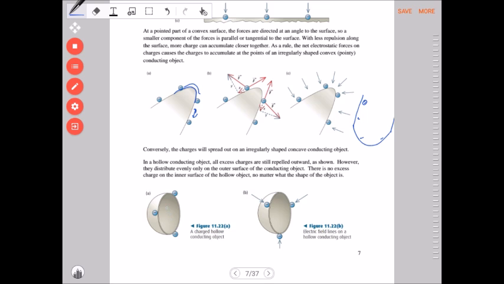So there's never any charge in the hollow part or on the inner surfaces. I guess that makes sense, because if the electrons are repelling each other, they are going to repel each other to the outside edges. Because if you put them on the inside edges, then they'll still push each other further away. So they're always on the outside edges. Perfect.